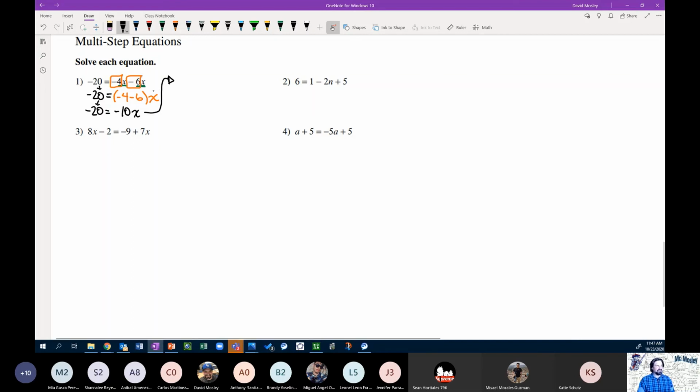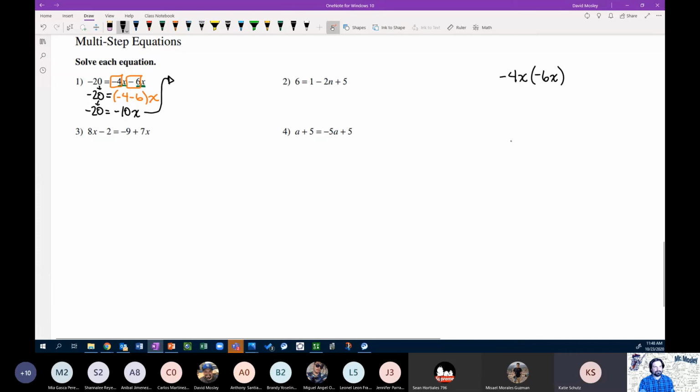If I had -4x times -6x, that would be a different thing. And if I was multiplying, it would be written with that parentheses.